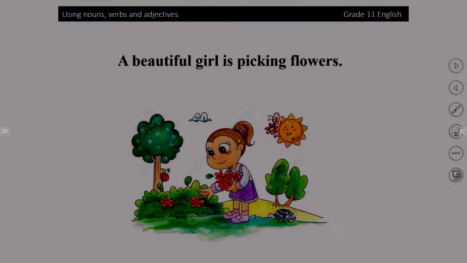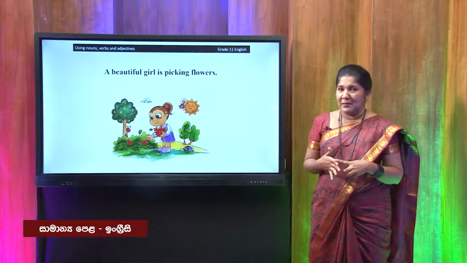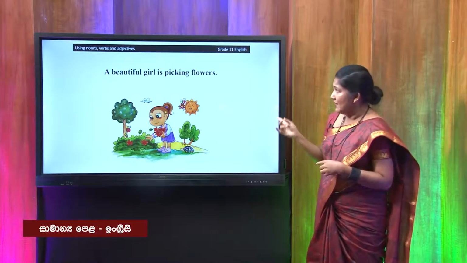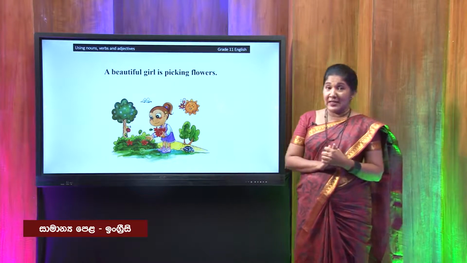Now you see there is a beautiful picture and you can read a sentence. At the top of the picture, a beautiful girl is picking flowers. Alright. So here you can find nouns, verbs and adjectives. I think you have identified them.